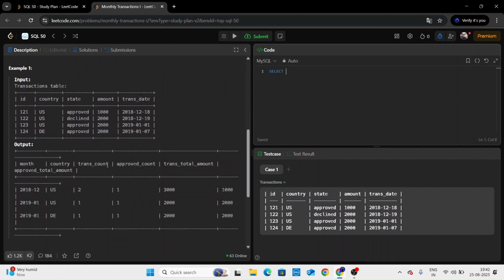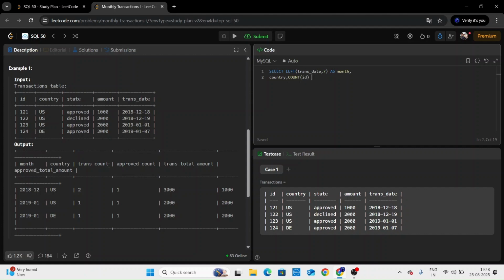Okay, first we need to get the month. We can use the left function. This is the transaction date and the number of characters is 7, and we need to name this column as month. Then next is the country, and just use country. Okay, then we need to count the ID to get the total count.